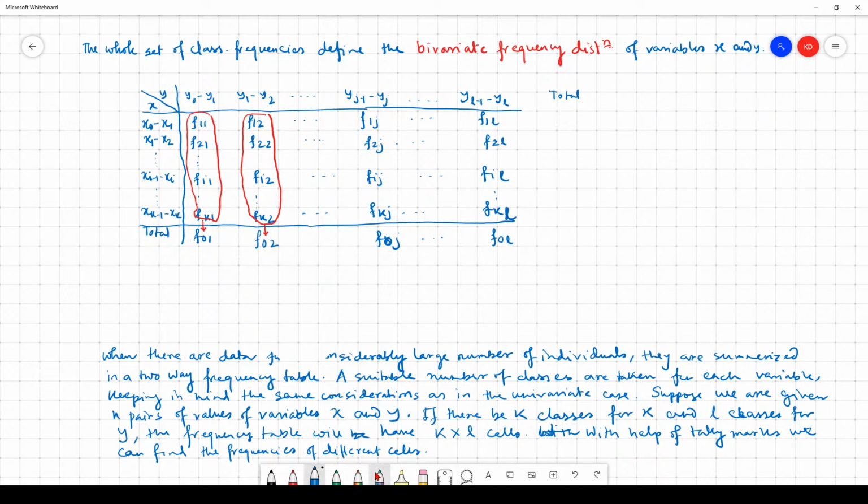Similarly, the sum of the frequencies corresponding to the first row is denoted by f10, for the second row f20, the ith row fi0, and the last row fk0.